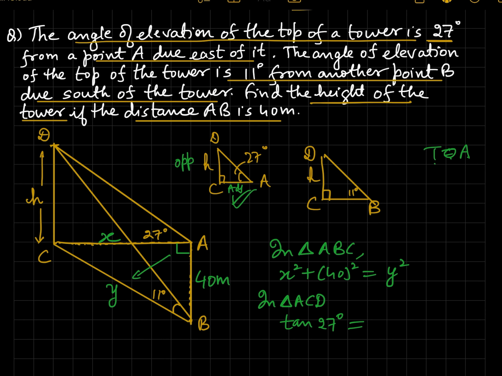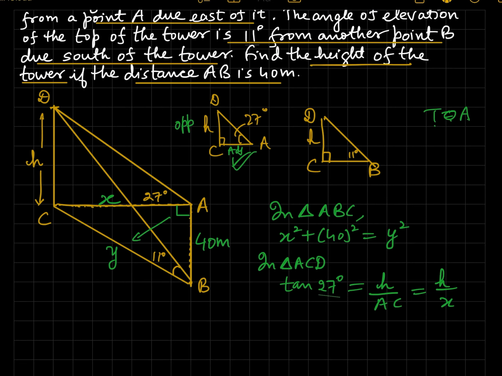So tan 27 is opposite, which is H, over adjacent, which is AC, and AC is what we have written as x. So I can say that H is equal to x times tan 27 degrees.